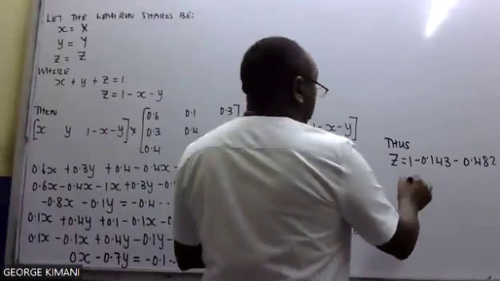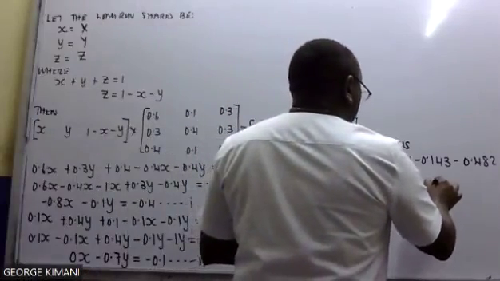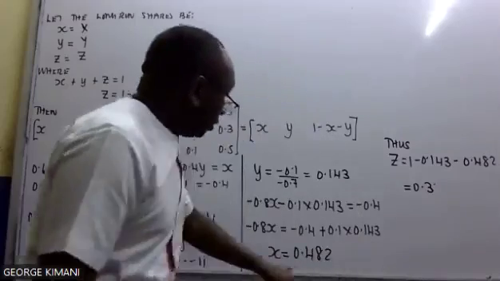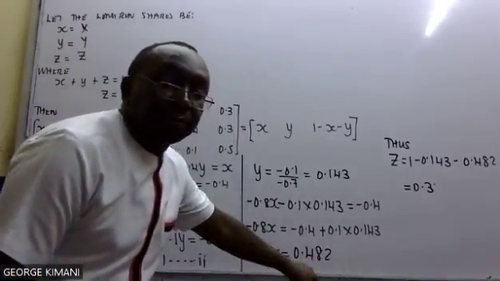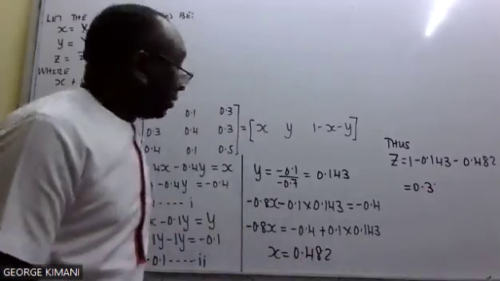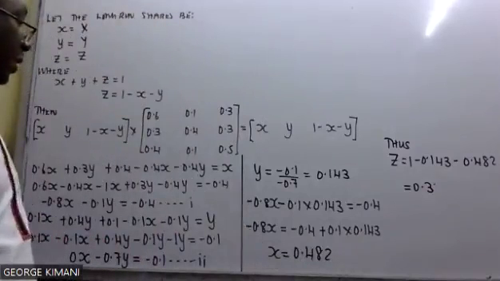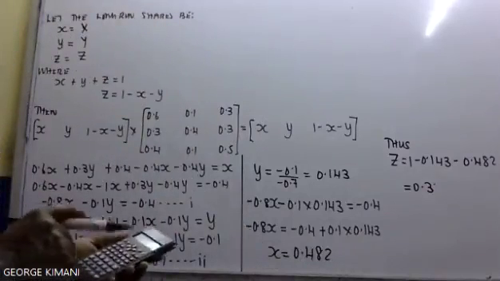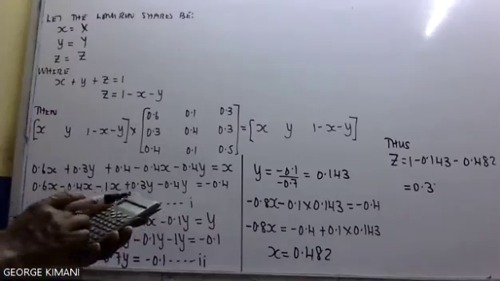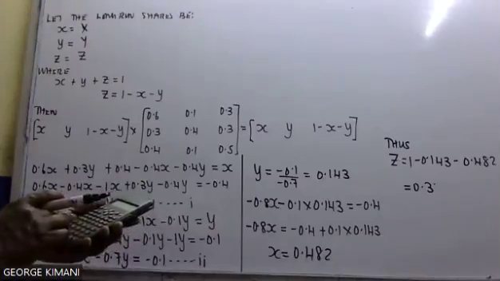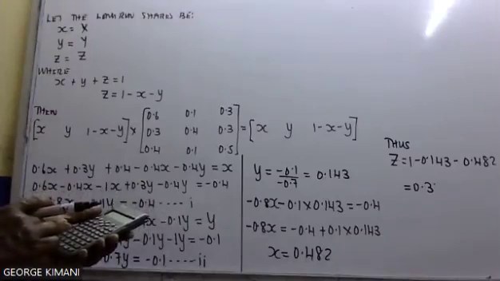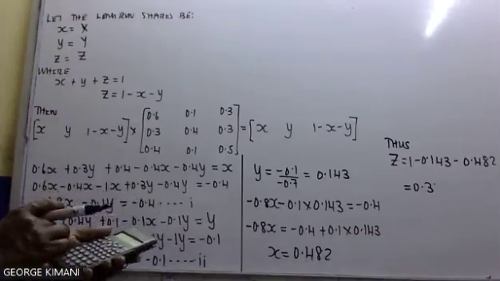Was this 0.482 a minus number, Mwalimu? No, it is positive here. It is positive. Yes. Sorry. I had not done minus. I had not done minus 0.4. I had done it as positive 0.4.